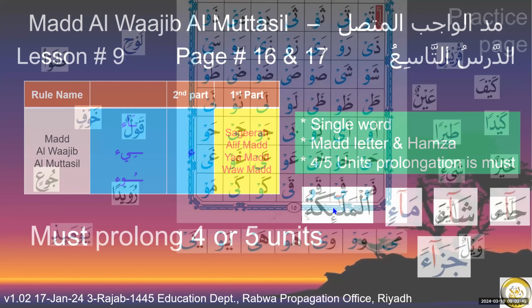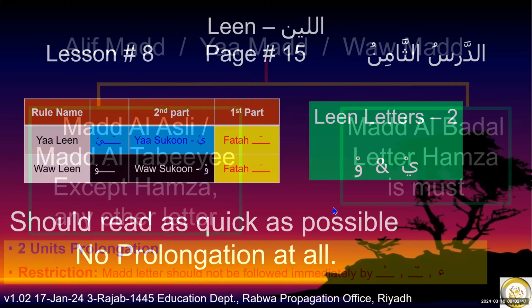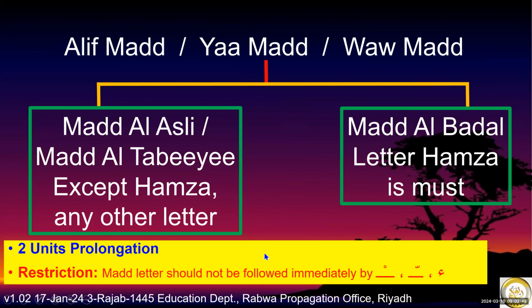I will go back to that page. Here, in both cases, there is a restriction. The restriction is that Hamza should not be there, Shadda should not be there, Sukoon should not be there.